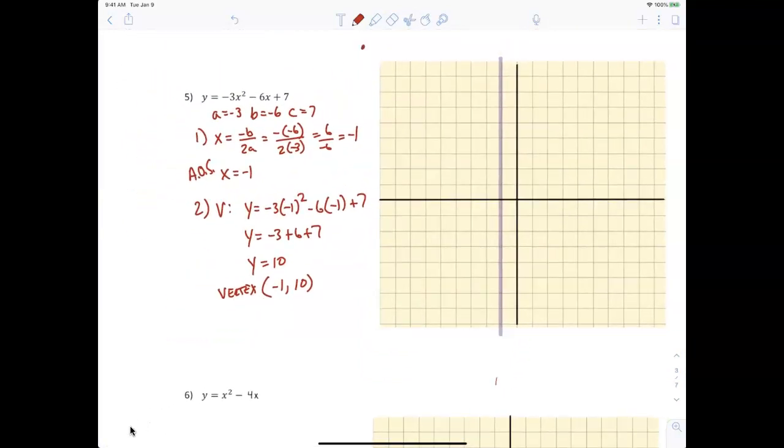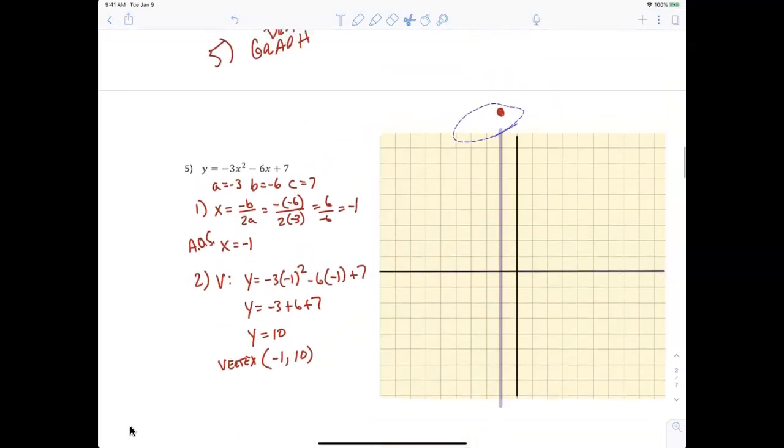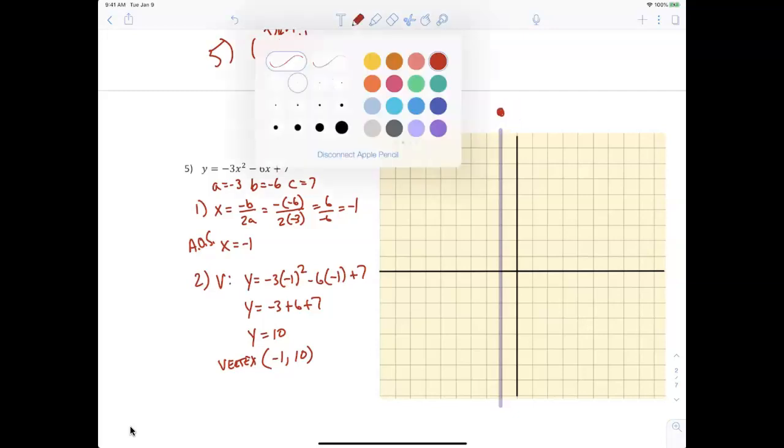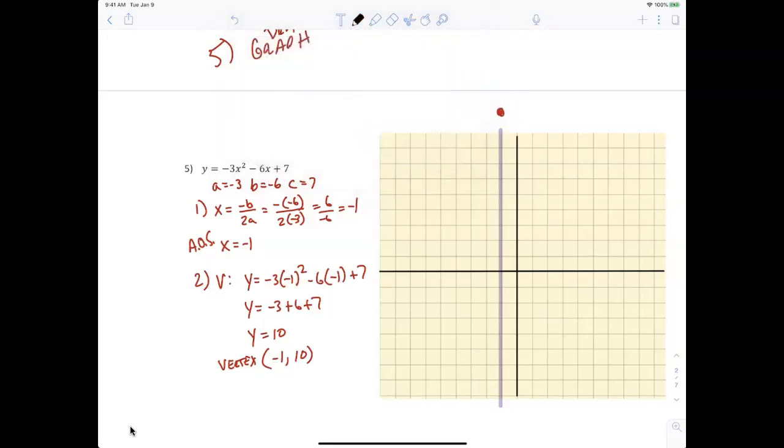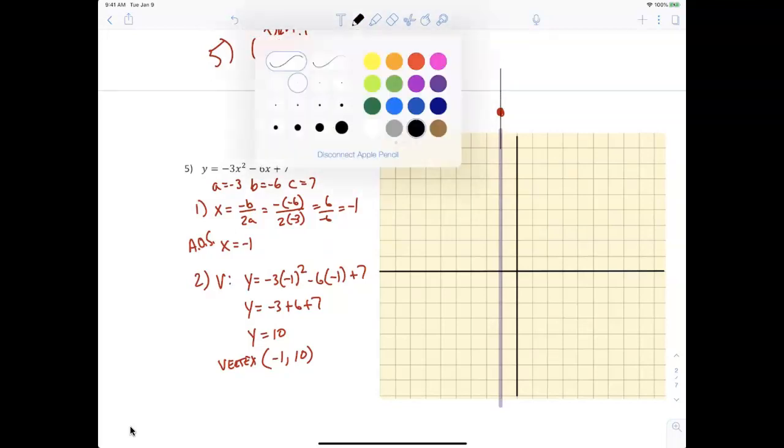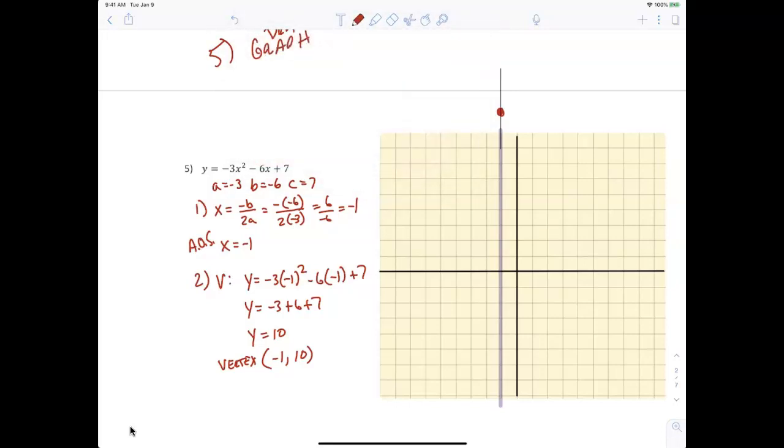So here we go again. -1, 1, 2, 3, 4, 5, 6, 7, 8, 9, 10. I missed the graph, so I'm going to go ahead and just extend it. So there's the graph. Now we're going to go back and plot the y-intercept.